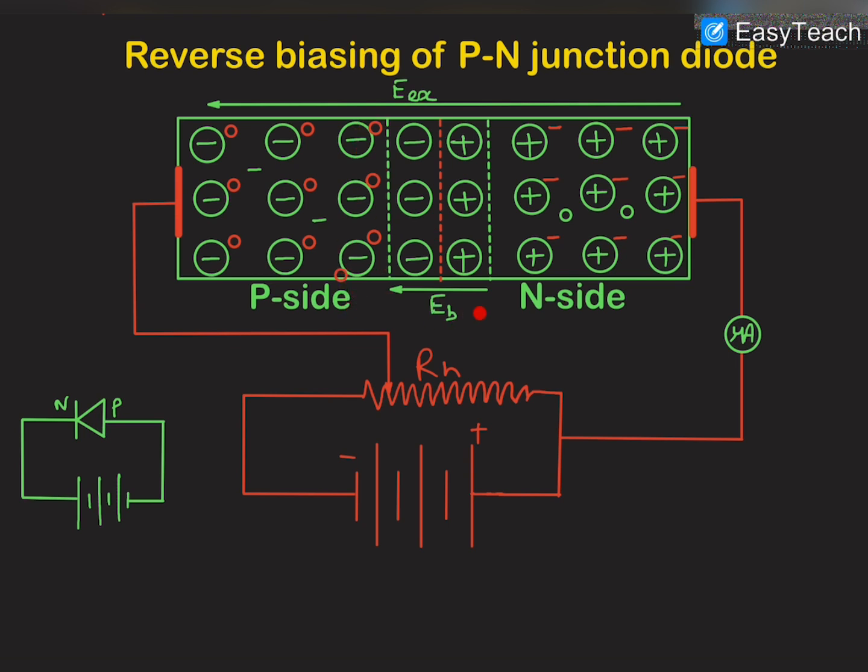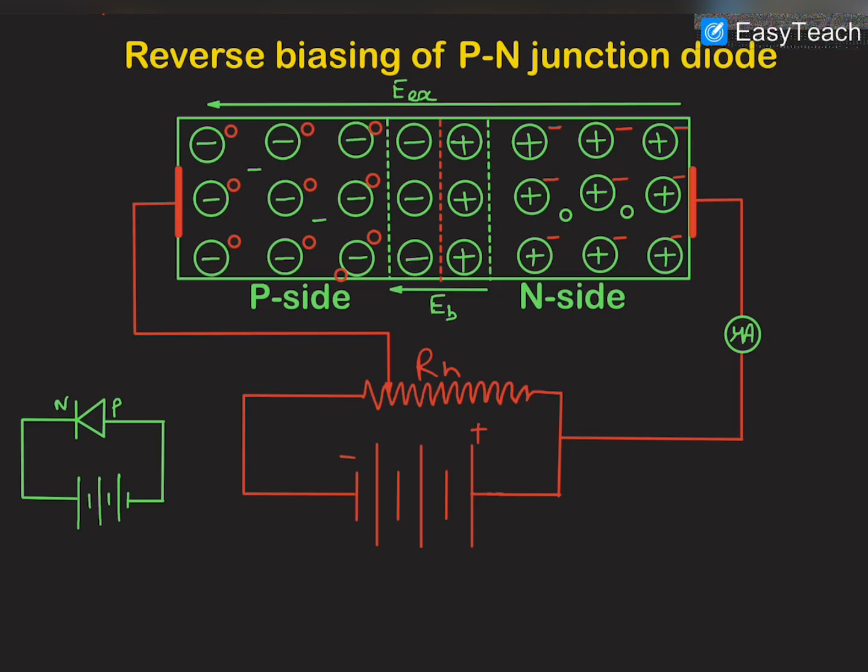The depletion region width is increasing in the reverse biasing due to the fact that the external field is supporting the barrier field. Therefore the junction resistance in the reverse biasing increases to a very high amount, and it ranges from around 50,000 ohms to 5 mega ohms in reverse biasing.